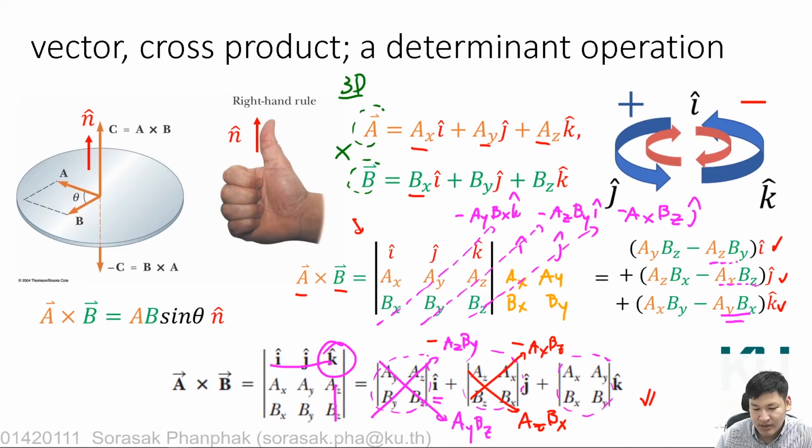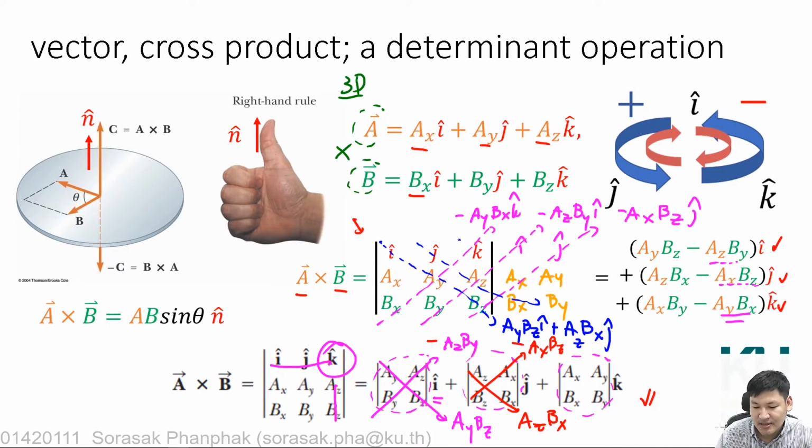So if you would like to determine it, I will draw like this part. So I've got a_y b_z for i directions. For this term, I got a_z b_x, sorry, a_z b_x in j directions.